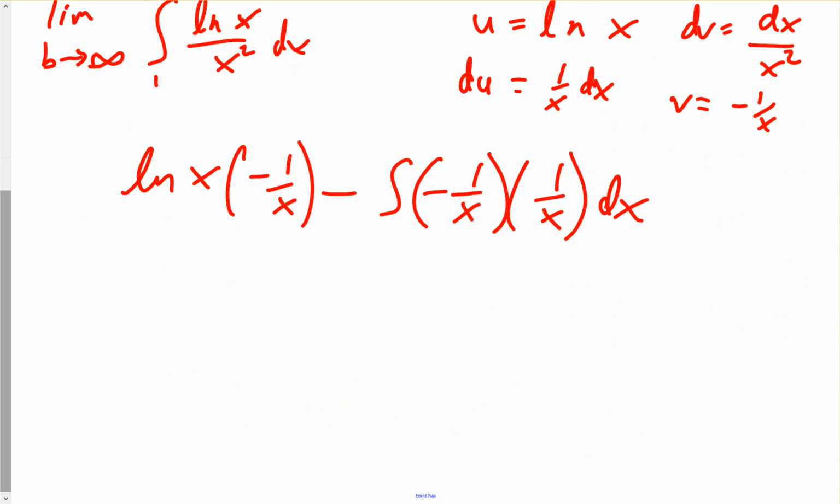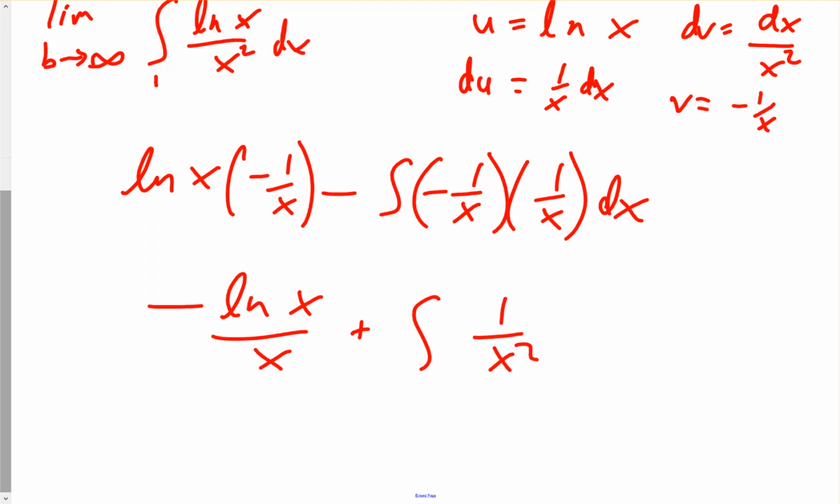Okay, so this gives us negative ln x over x, and then here this would give us plus integral of 1 over x squared, right? We could pull out the negative and that'll affect that minus to make it a plus. So we get negative ln x over x, and then when we integrate this, minus 1 over x.